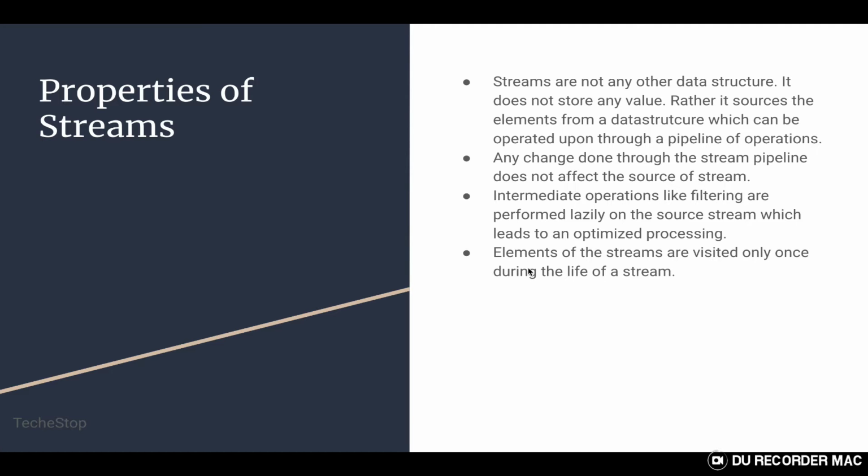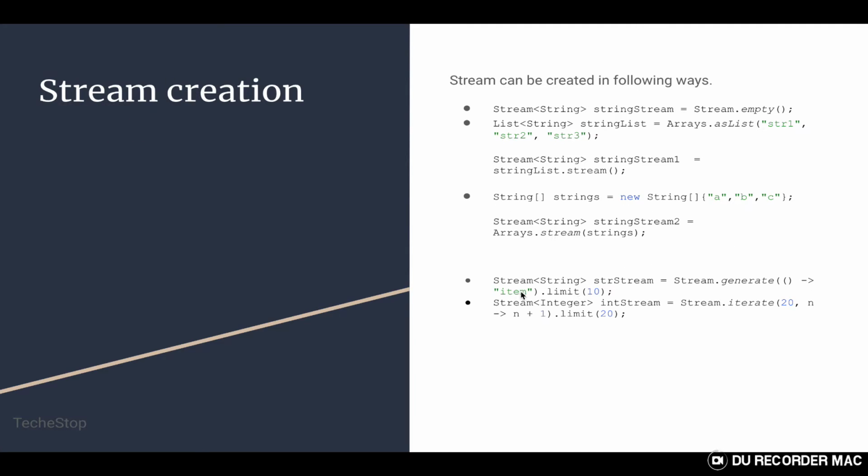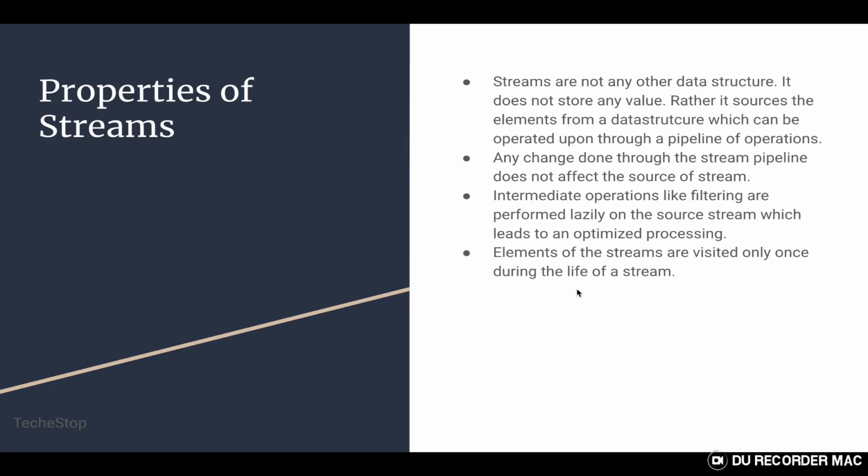And lastly, elements of the stream are visited only once during the lifetime of the stream. When you perform operations via a stream pipeline, every element present in that data source will go through the set of operations only once.